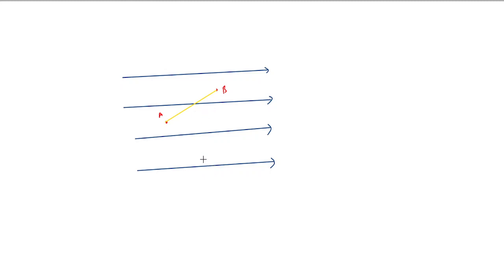Now let the potential at point A be V1, and at point B it is V2. Because it is an electric field, there will be some potential present. Let's assume that we bring a charge Q1 from infinity to this point.